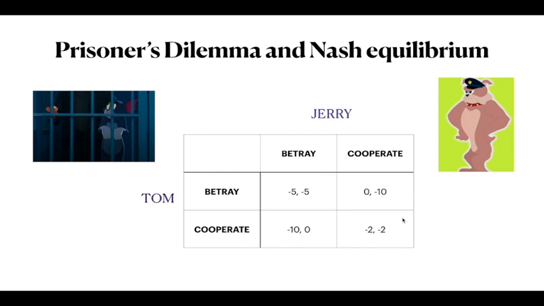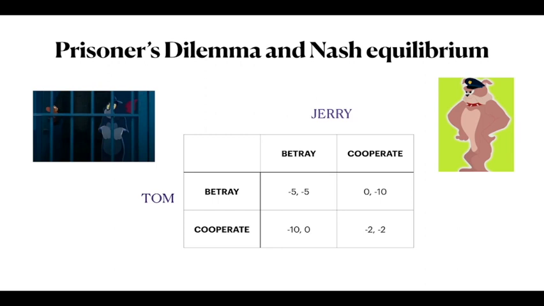But since they're in separate cells and they have no idea what the other person is going to do, the logical thing would be to analyze what would be the best strategy given that the other person can make any possible choice.